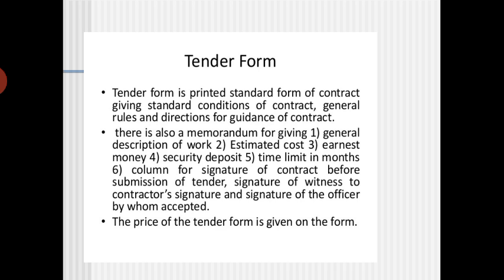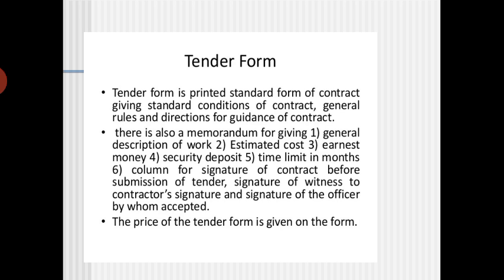Tender form. So the tender form is a printed standard form of contract given for standard conditions of the contract. So general rules and directions of guidance of the contract. It will give some of the general rules and the direction of the guidance also.